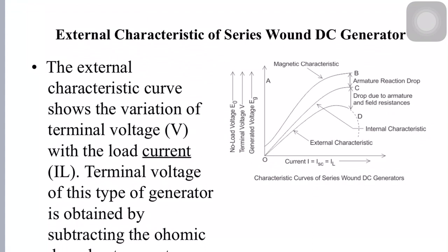This is because if load is increased, the field current is increased, as the field is connected in series with the load. Similarly, if load is increased, armature current is increased, as the armature is also connected in series with the load, but due to saturation there will be no further rise of magnetic field strength, hence no further increase in induced voltage.